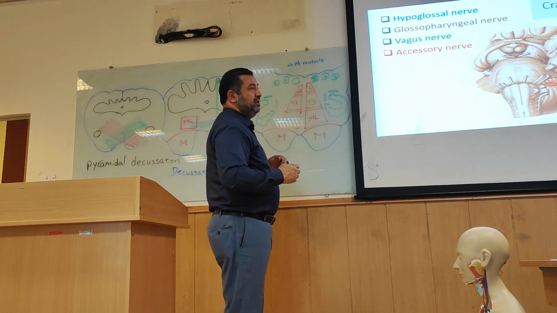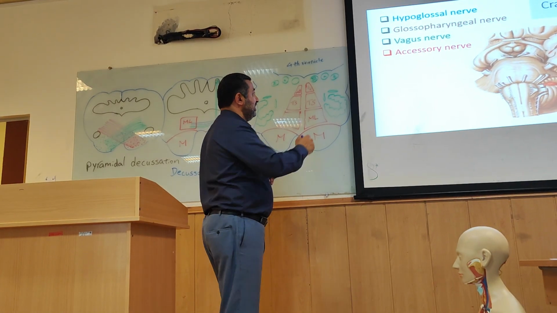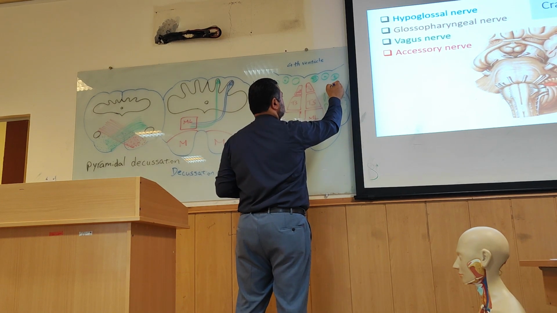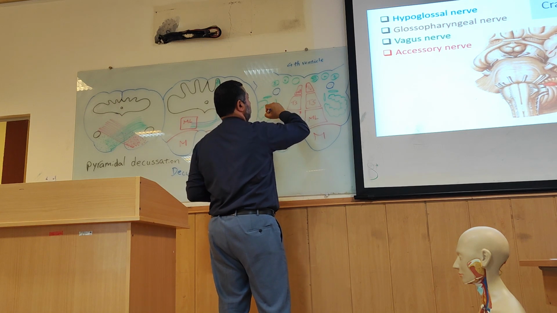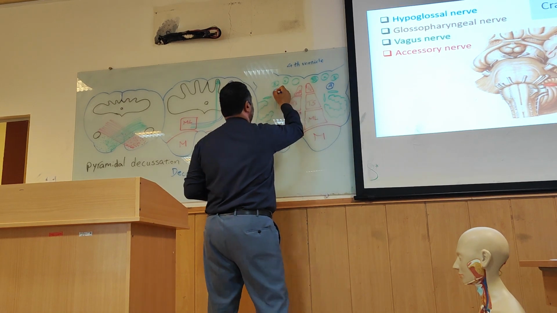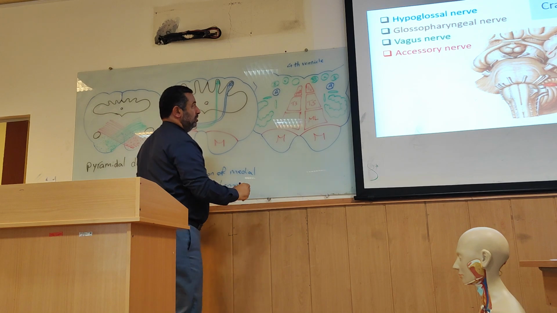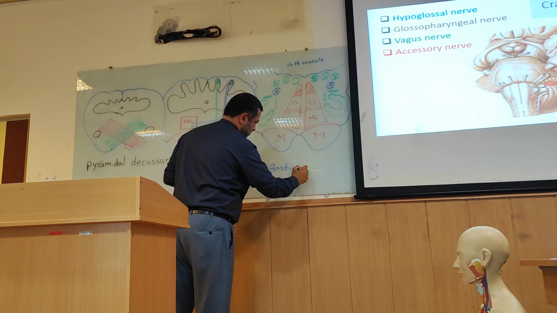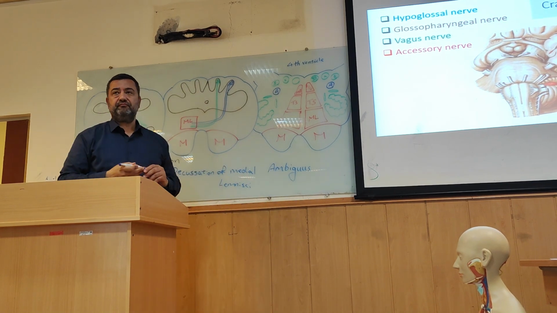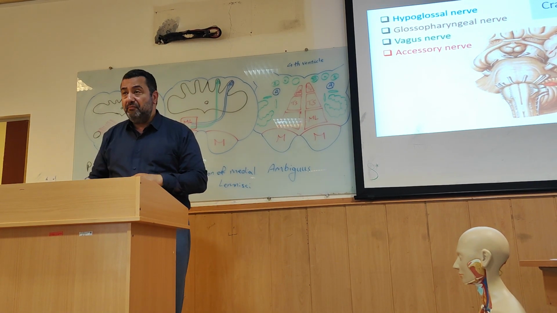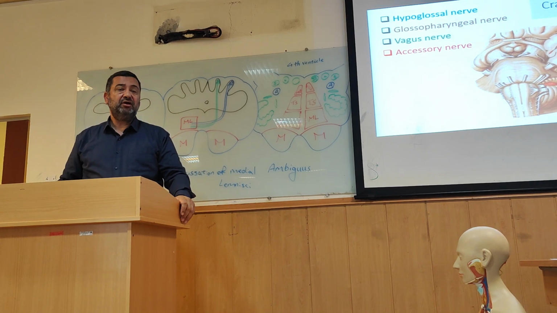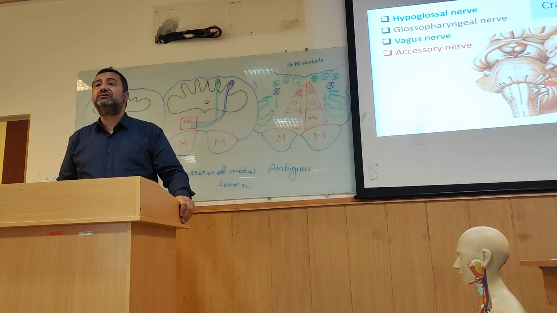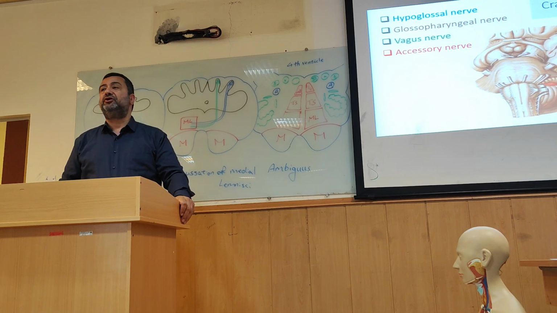Posterior to the inferior olivary complex and anterior to the solitarius nucleus and dorsal nucleus of the vagus, there is a nucleus that is called ambiguous. Ambiguous is the motor nucleus of the cranial nerves number 9, 10, and 11.